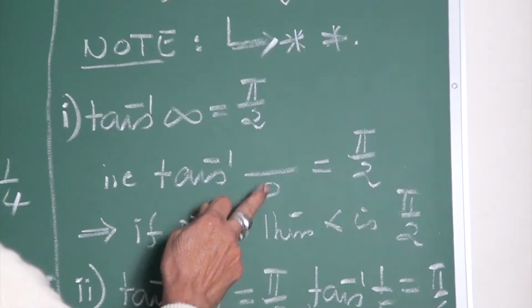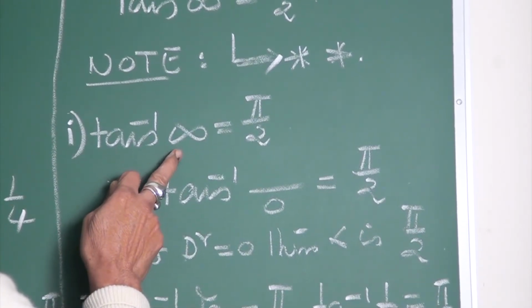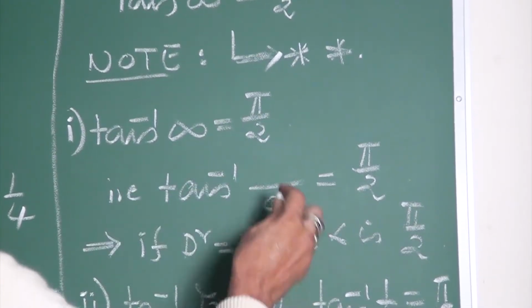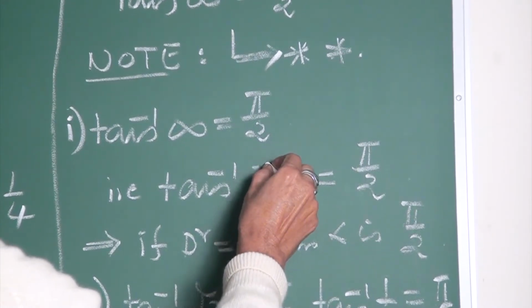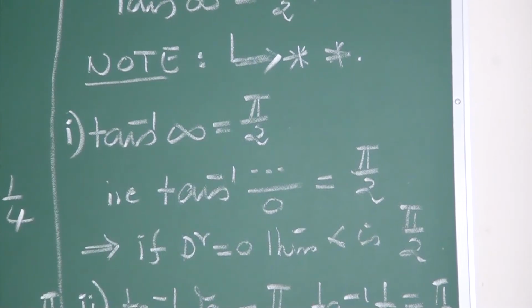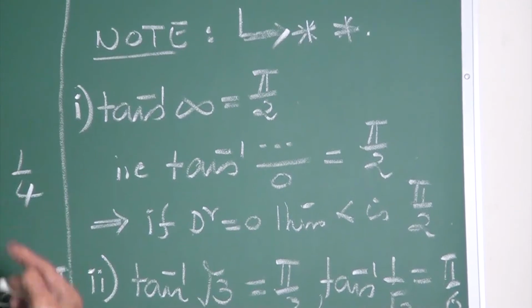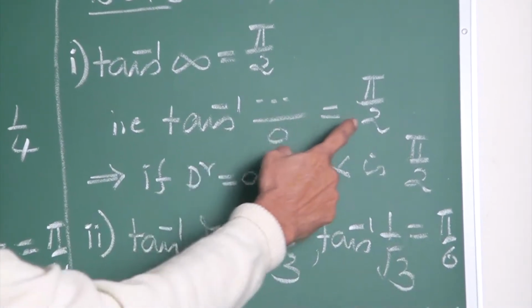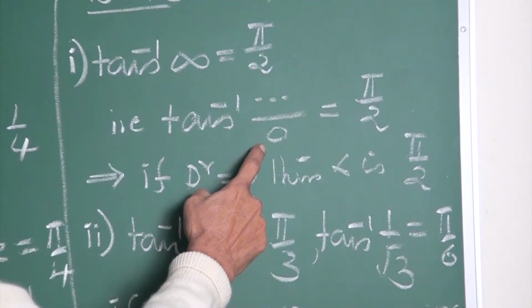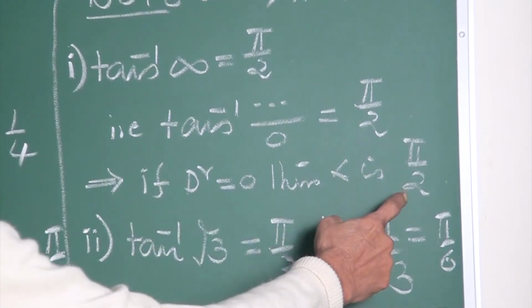In such cases, anything divided by 0 gives infinity, some finite number divided by 0, and the angle is pi by 2. From this, what is clear? While doing the calculations, if the denominator is 0, the angle is pi by 2. If the denominator is not equal to 0, then the angle is not pi by 2.